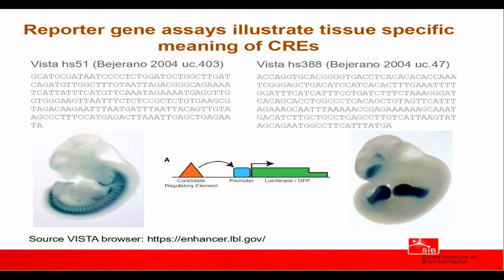Now, in this case, 2 cis-regulatory elements have been assayed, and you can see that they drive transcription of the reporter gene at different places of the mouse embryo. So that's what I mean, that this regulatory information is decoded by tissue-specific codes.